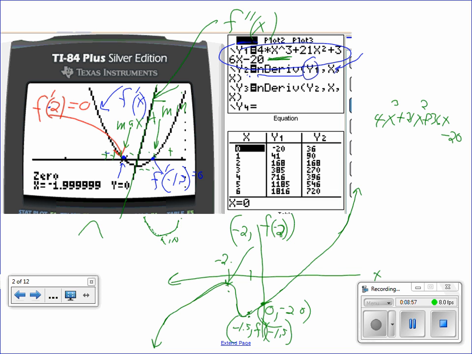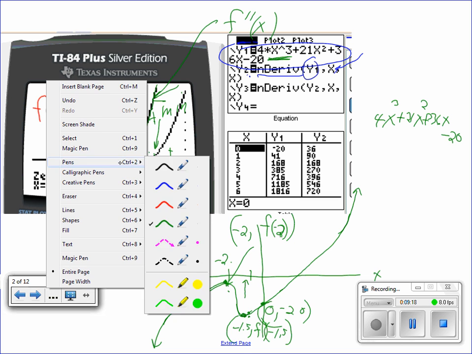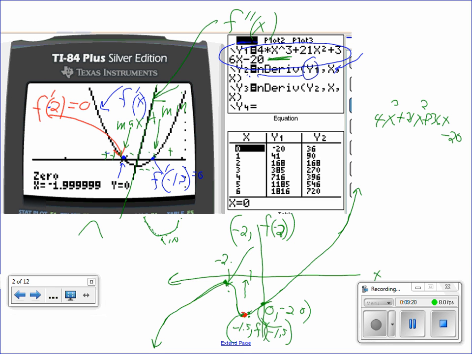Okay, so I've got a basic graph here. Now I don't know, right? This whole curve could be shifted up or down. I don't know. This max right here might be above 0. I'd have to plug that in to see that. But I do know what? I know my min is here. My max is there. Maybe I should do this in a little bit better colors. Okay, here's my min.